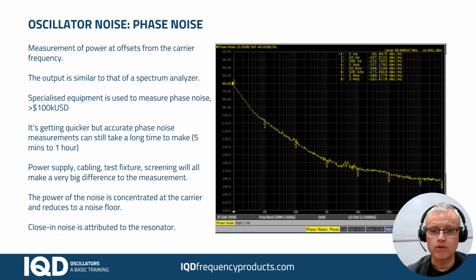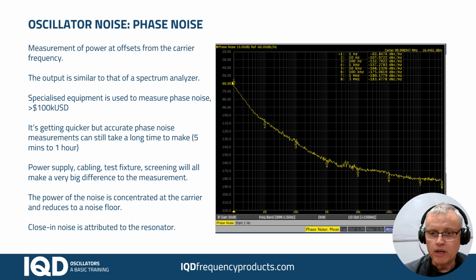We might need to use fixed RF cabling. If I twist the cabling, you will see the phase noise jump, especially in the close-in area. And with screening, I can measure the EMI radiation coming off strip lights, and CRT monitors were terrible for this in the old days. So it's very important to look at the measurement setup when you're doing this measurement.